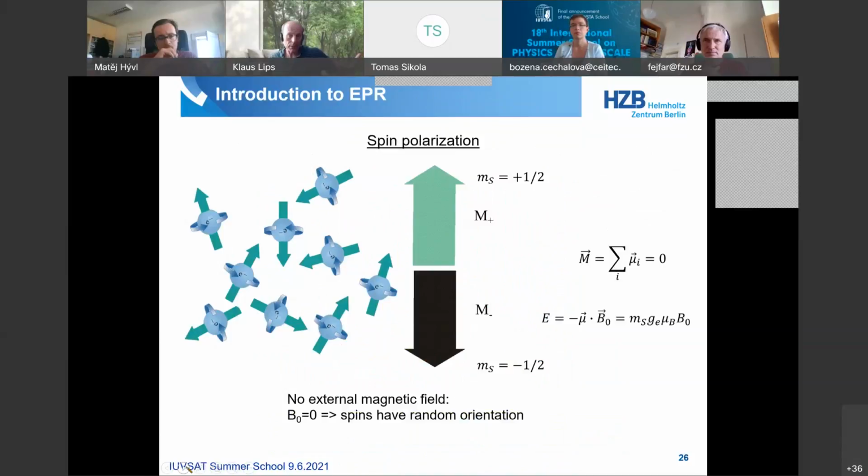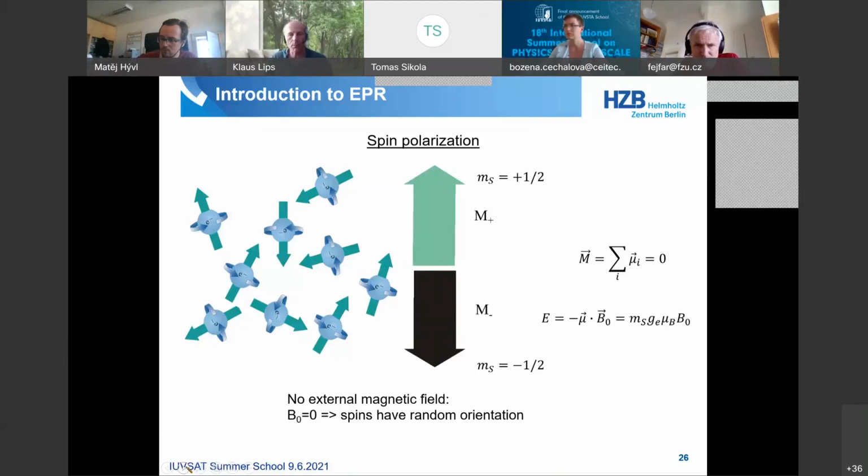Now, if we have these states that are occupied with an electron, and we are doing this without an external magnetic field, then these local magnetic moments can orient in any direction. And since we have 10 to the 10 per square centimeter and even more in that sample, it means we have all kinds of orientations.